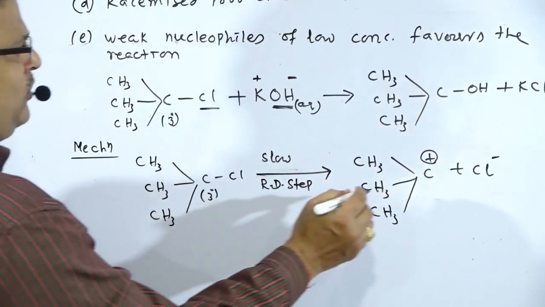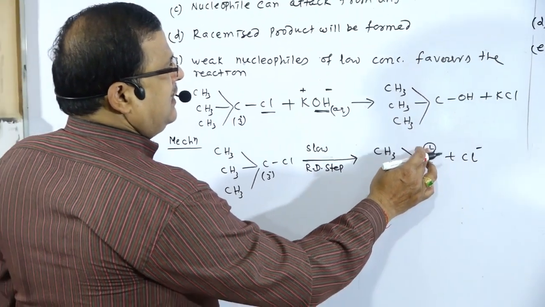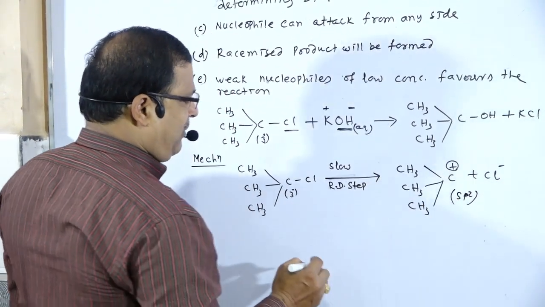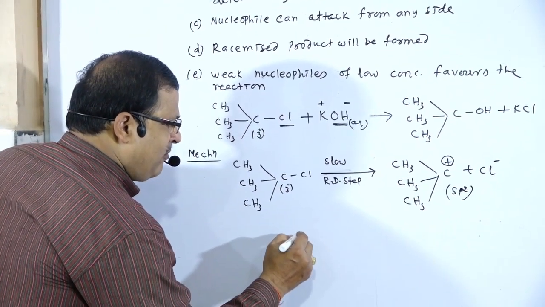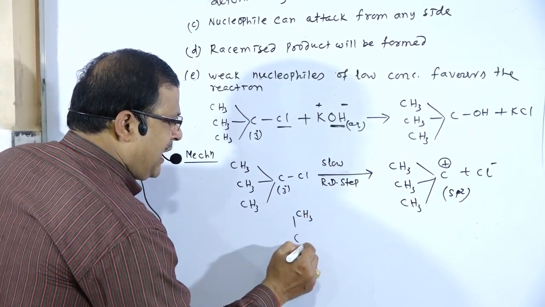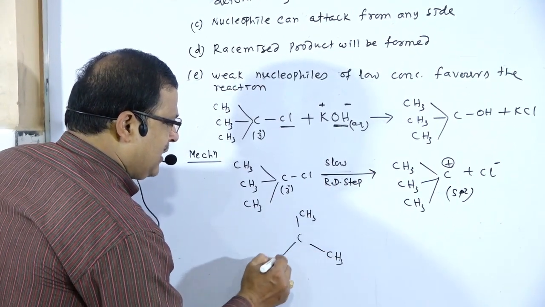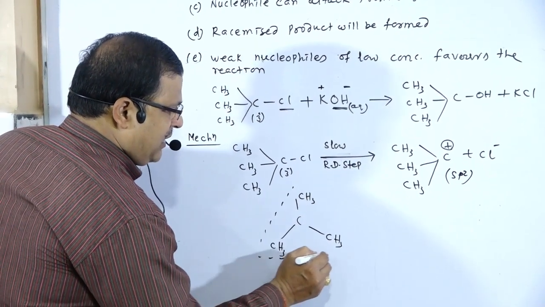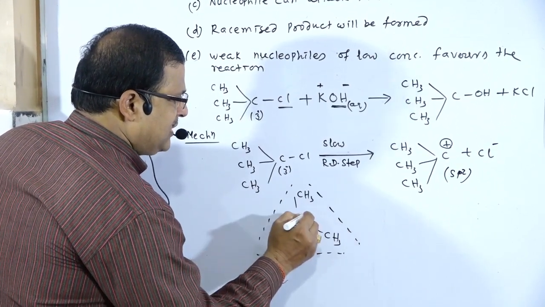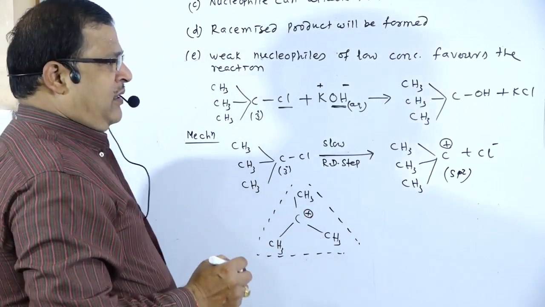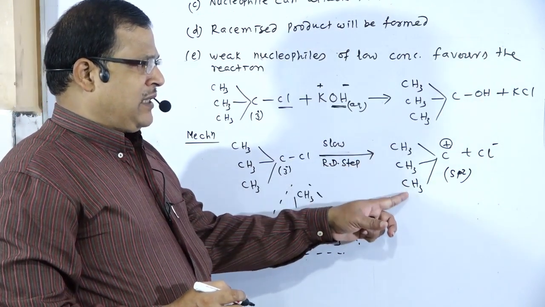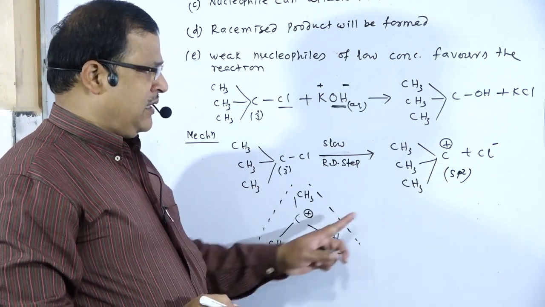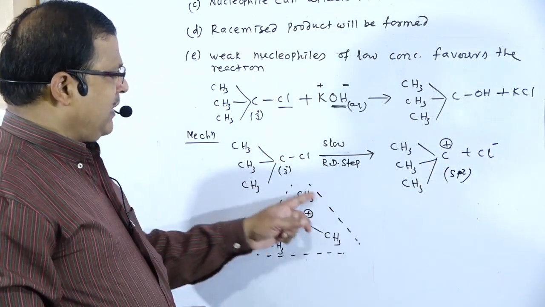And in the second case, the carbon atom of the carbocation is sp2 hybridized. sp2 hybridized means a trigonal planar structure, directed to the 3 corners of an equilateral triangle. This is the positive trimethyl carbocation, the tertiary carbocation which has been obtained. The carbon atom is sp2 hybridized, that is trigonal shape.